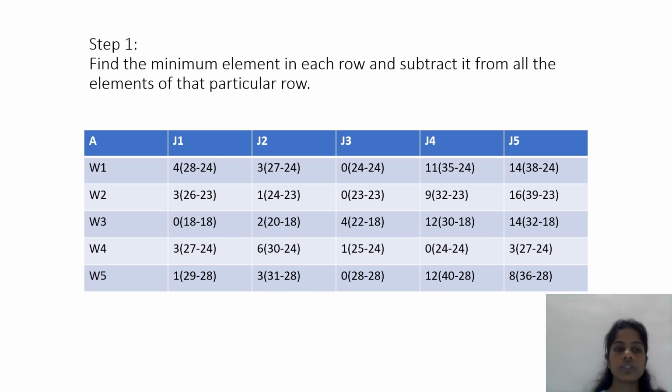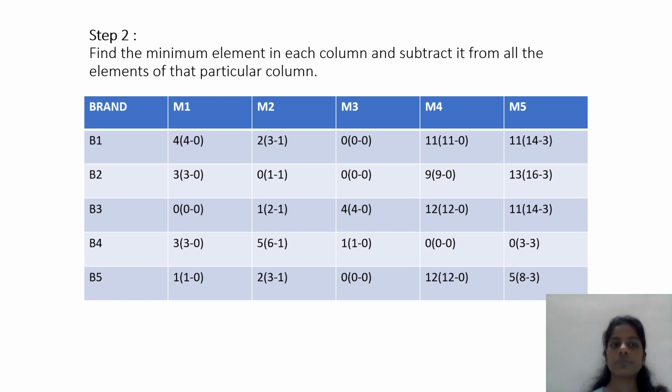Step 1. Find the minimum element in each row and subtract it from all the elements of that particular row. Step 2. Find the minimum element in each column and subtract it from all the elements of that particular column.